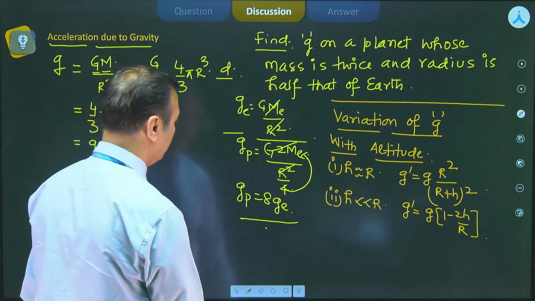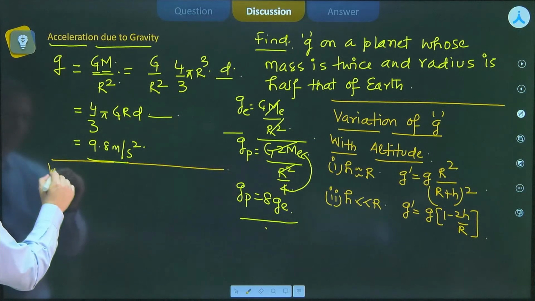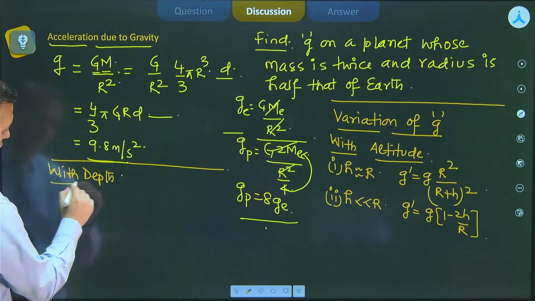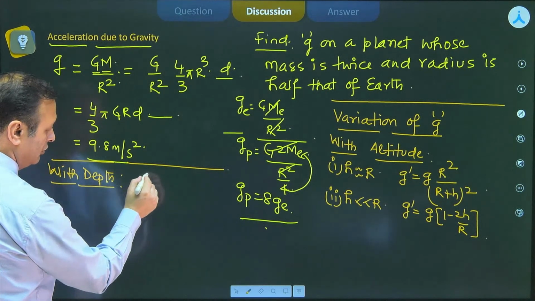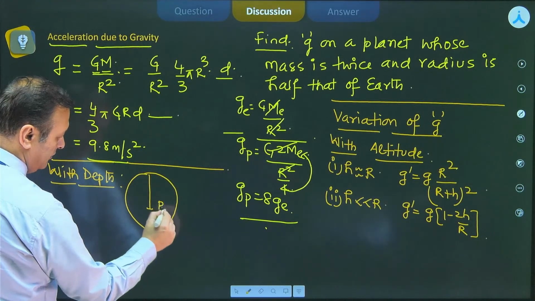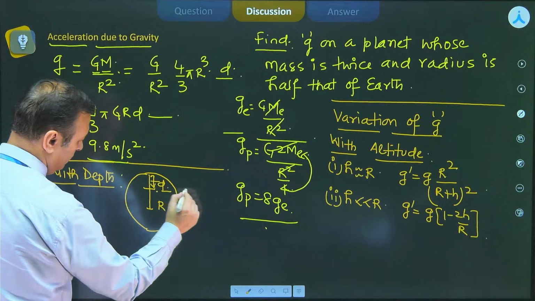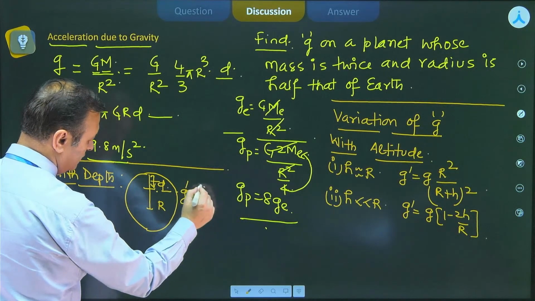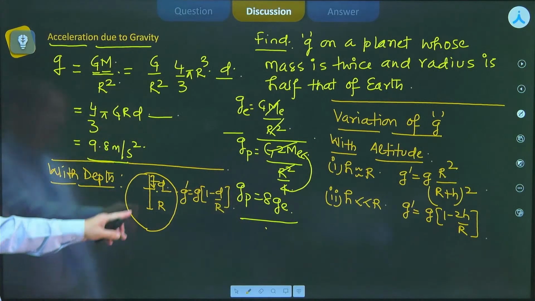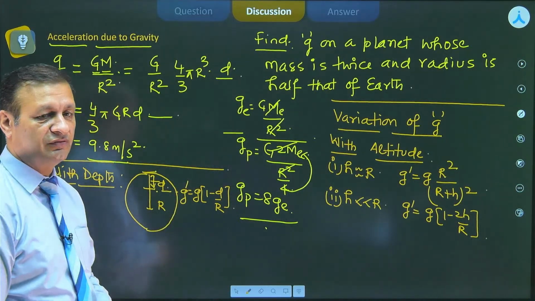And when you have variation with respect to depth, how g varies with respect to depth. So, let's suppose you have an Earth, its radius is no doubt r, but if you move to a depth d, then at this point acceleration due to gravity is given by 1 minus d by r. Just pay attention, depth is from the surface, so this value of d is taken from the surface.